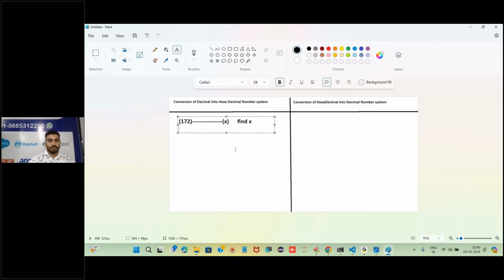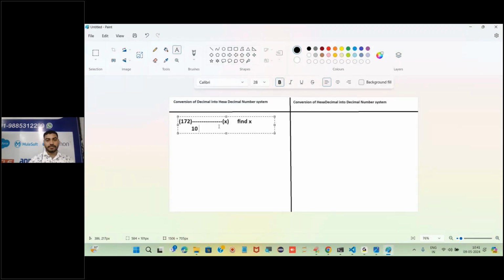Similarly, I will go for base. Base is 10. Next base is 16.